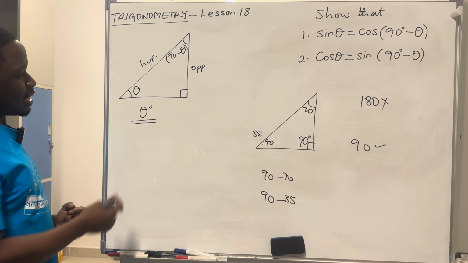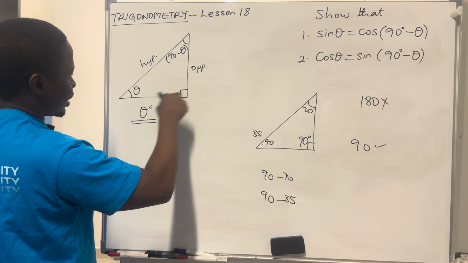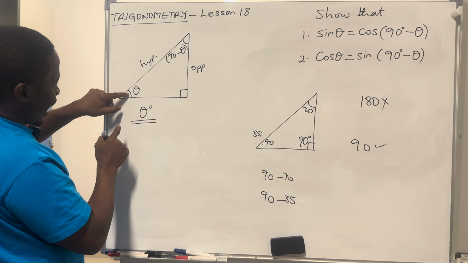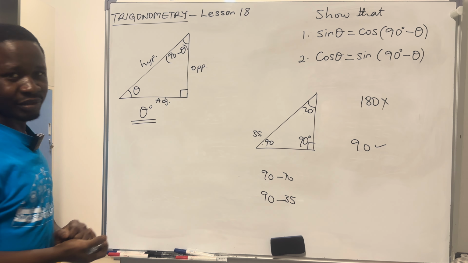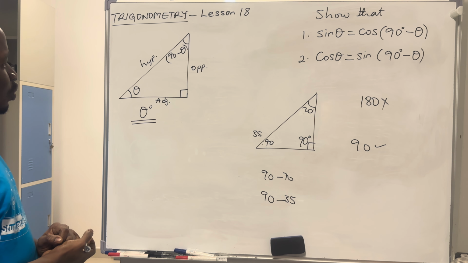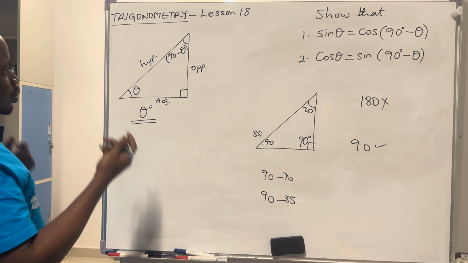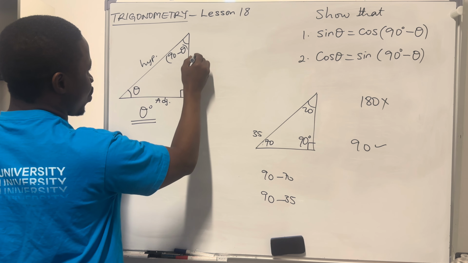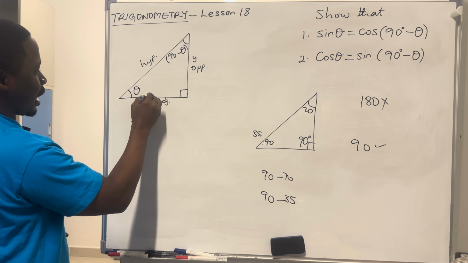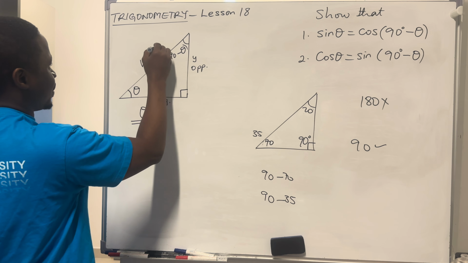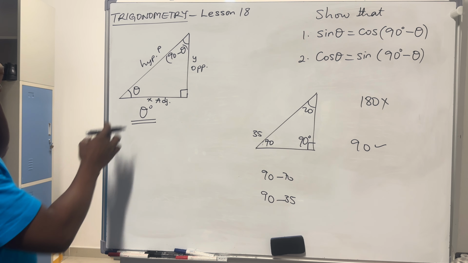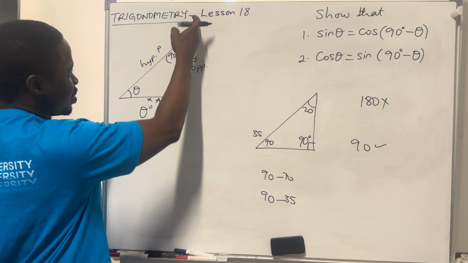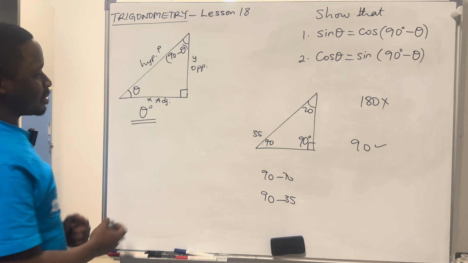And the side that is between the given angle and the 90 degrees is our adjacent side. So let us choose this side to be y, this side x, and this side p.